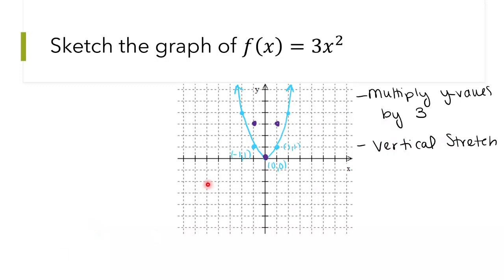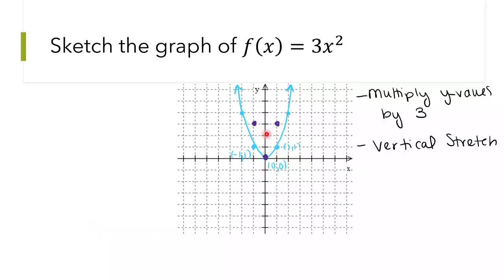So that means the point that is at the origin actually stays there because 0 times 3 is 0. But the point that was at 1, 1, if I take that y value and I triple it, I multiply it by 3, it's going to move to the point 1, 3.